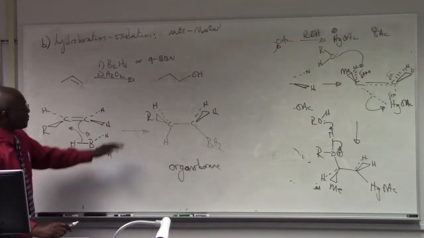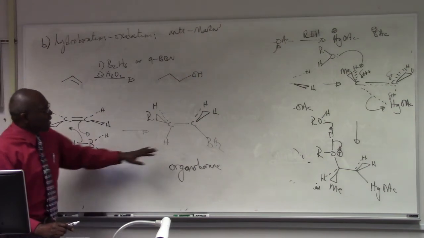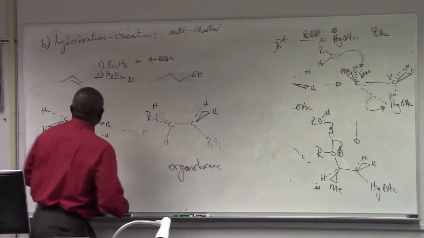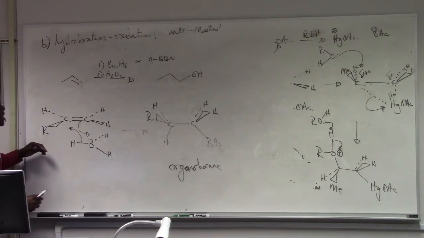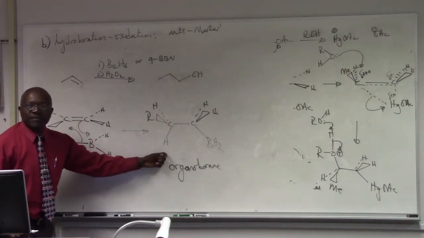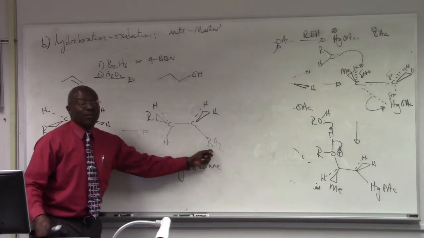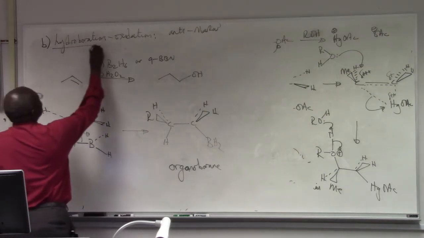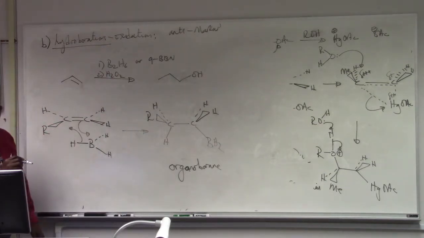Right? So the alkene reacts with a boron species and gives rise to an organoborane. So what have I done? I added hydrogen and boron across the double bond. That's why this first step is called hydroboration.